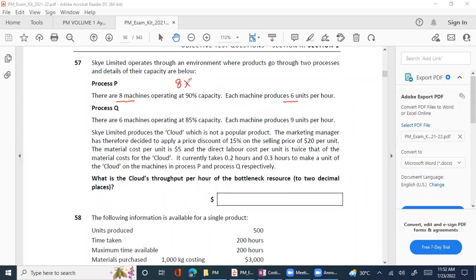So 8 into 6, it means 48 units can be produced. But the question is saying that they are operating at 90% capacity. So what will be the 90%? Please share the answer. So 43.2 units per hour.